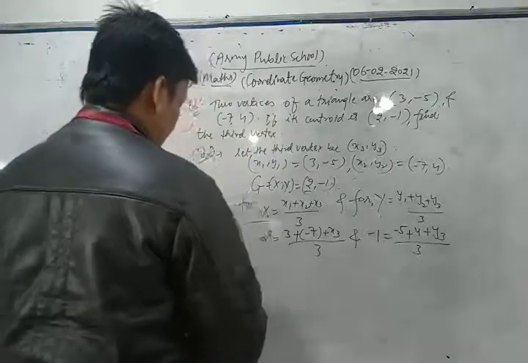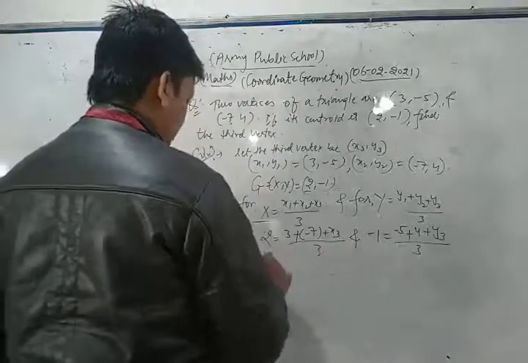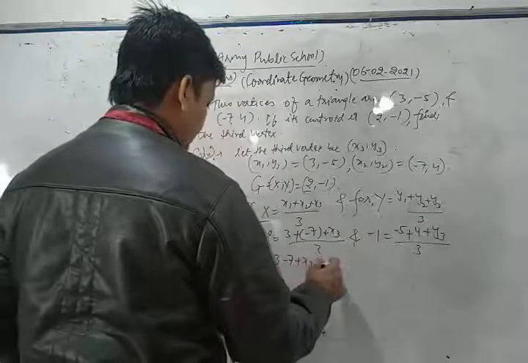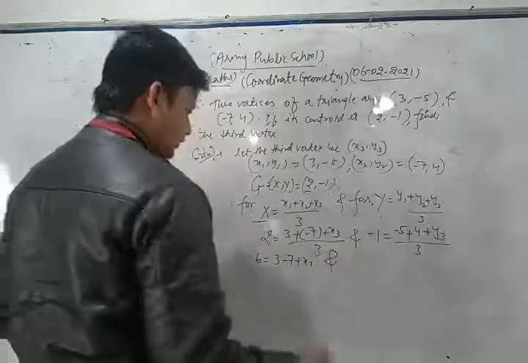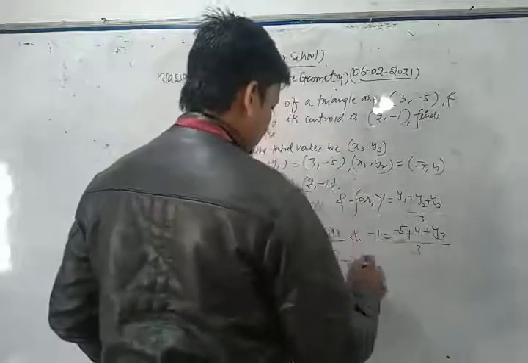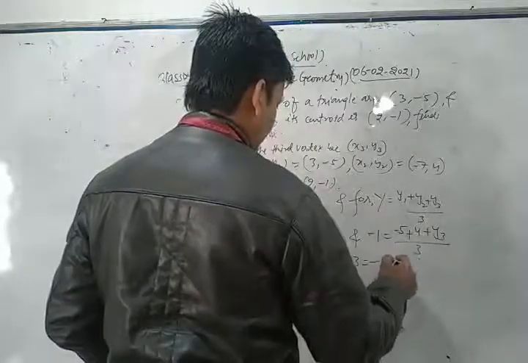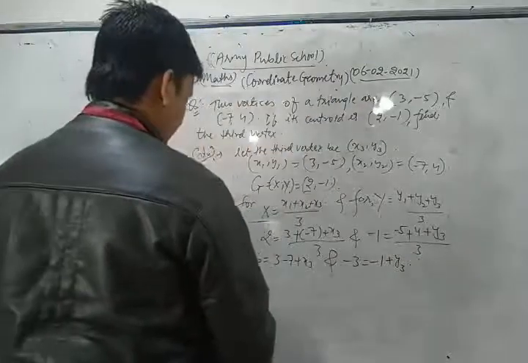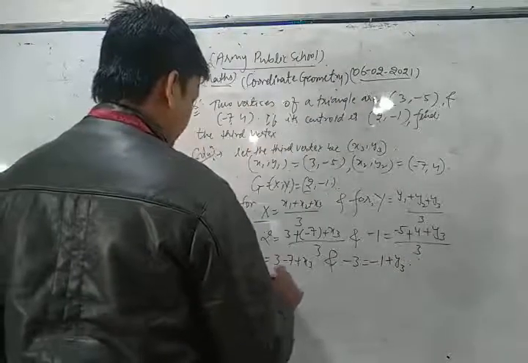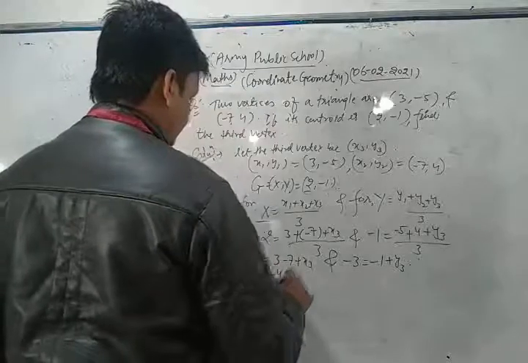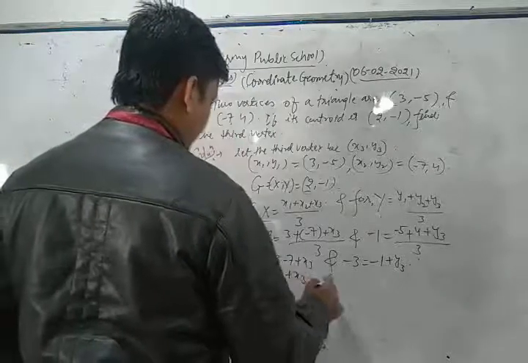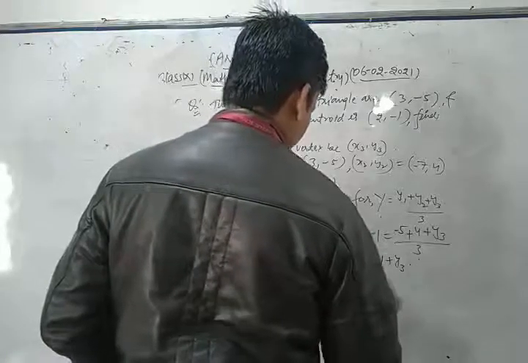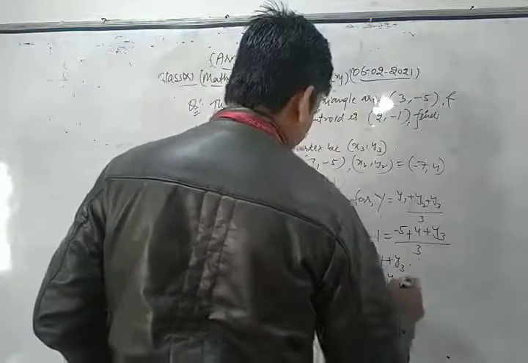So we get 3 twos are 6 is equal to 3 minus 7 plus x3, and on the other side minus 3 is equal to minus 1 plus y3. Now from there, 6 is equal to minus 4 plus x3, and minus 3 is equal to minus 1 plus y3.